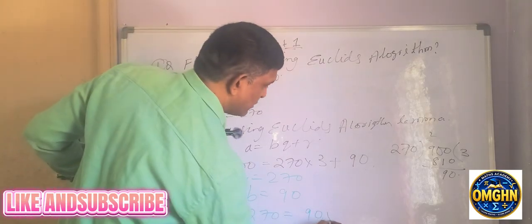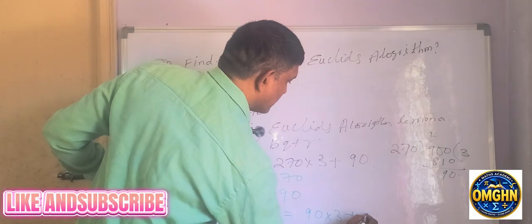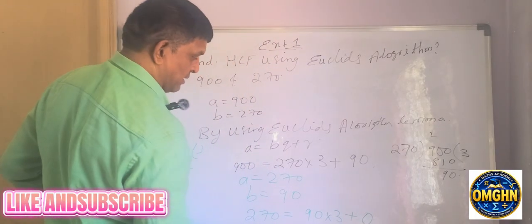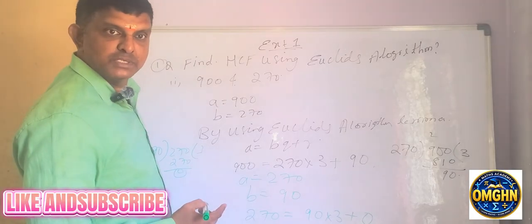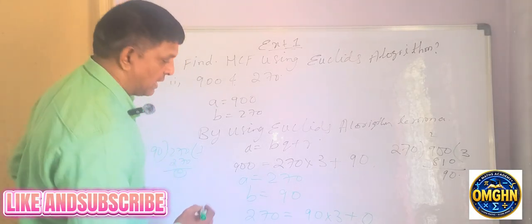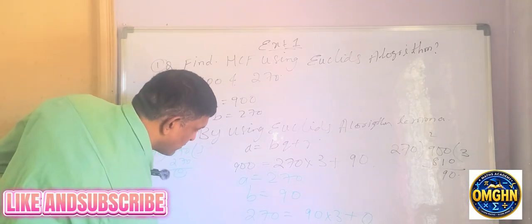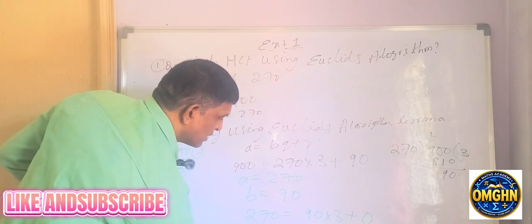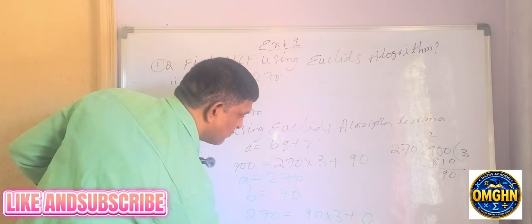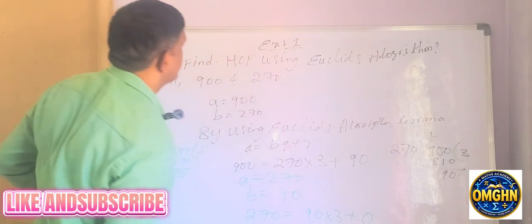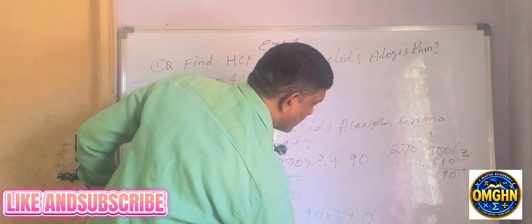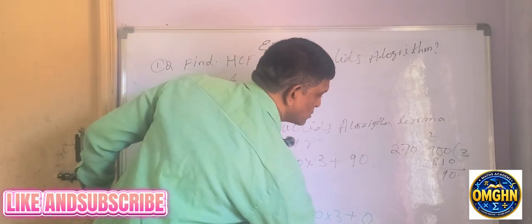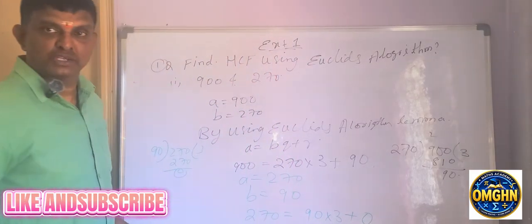So 90 into 3, here we got the remainder 0. Therefore 90 is the HCF of 900 and 270. Understood, students?